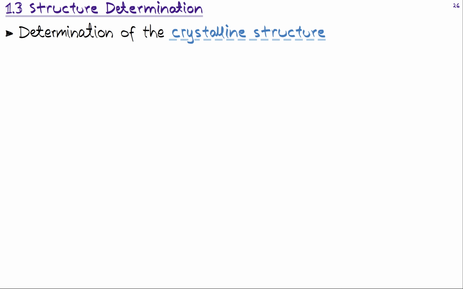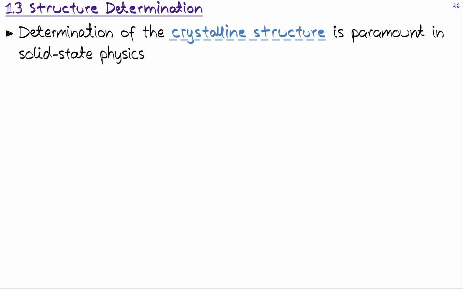And the first thing that we should remember during these lectures is that experimentally characterizing what exactly the crystalline structure is, when we are looking at a specific solid, is kind of the number one question often in solid state physics.